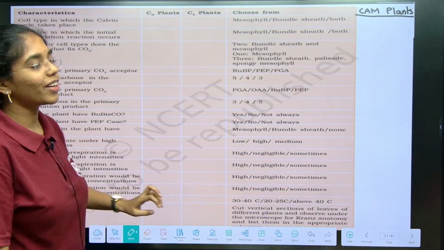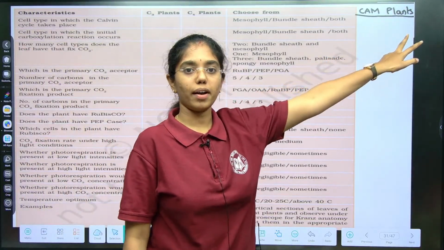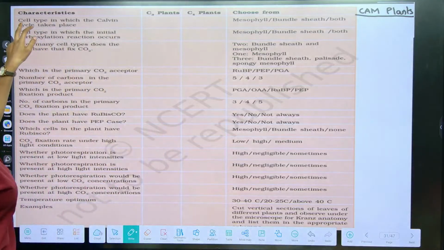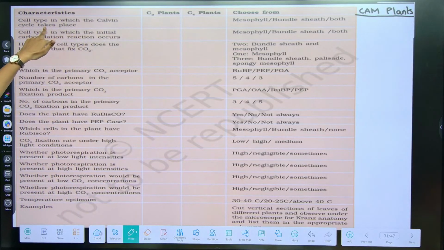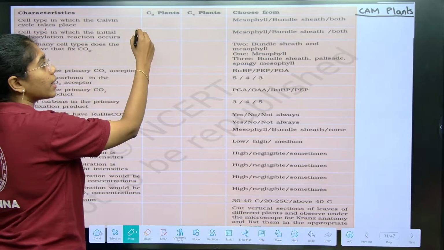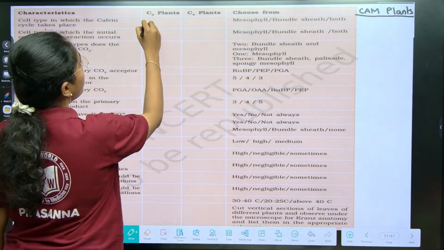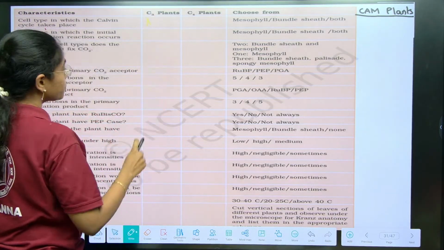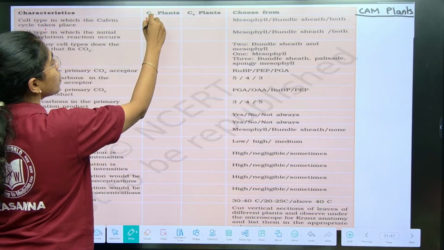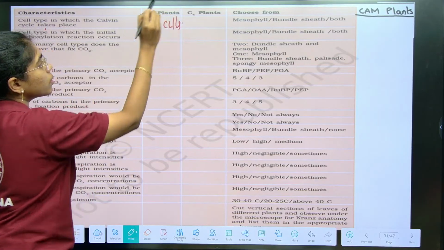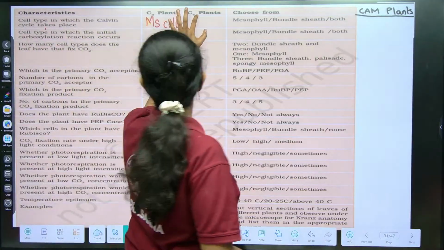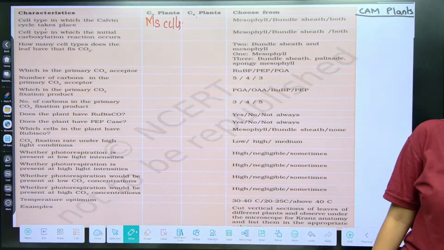I don't want to ignore CAM cycles, so I have drawn one more column here. First, cell type in which Calvin cycle takes place. In C3 plants, Calvin cycle occurs in mesophyll cells, no? Team B, C4 cycle, where does Calvin cycle take place?